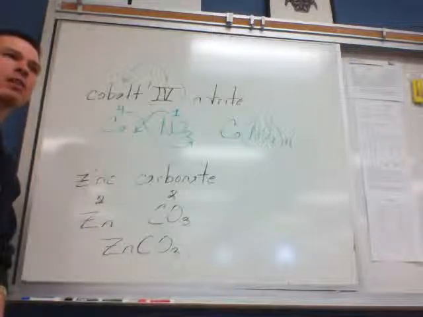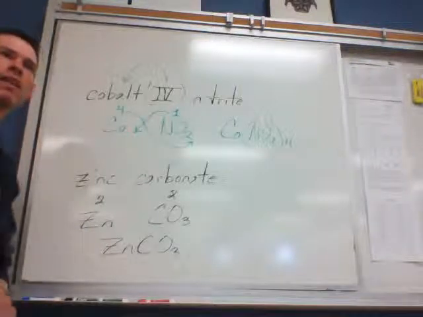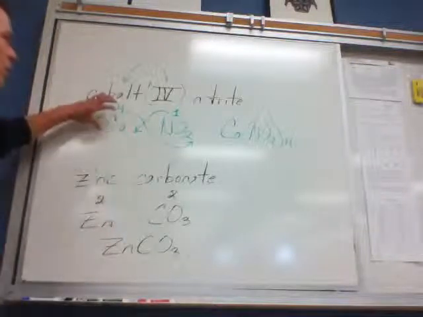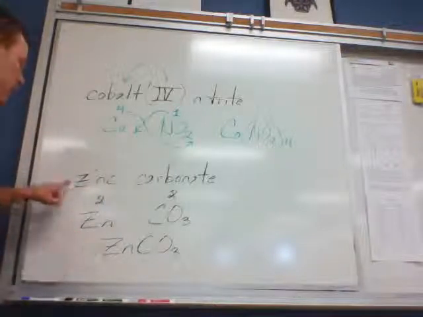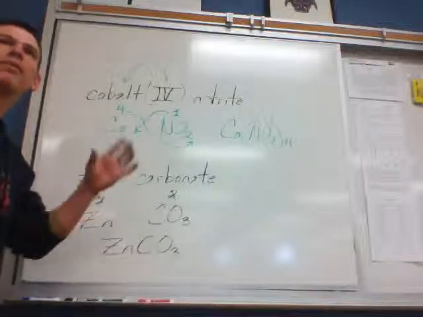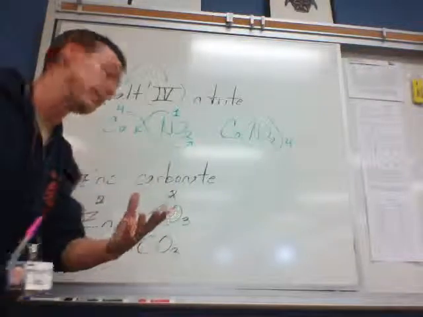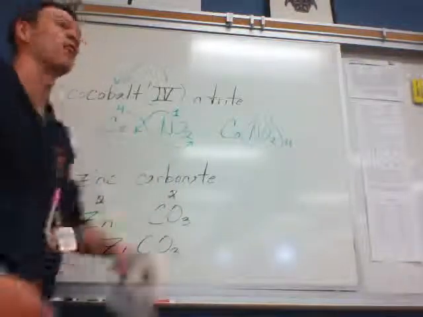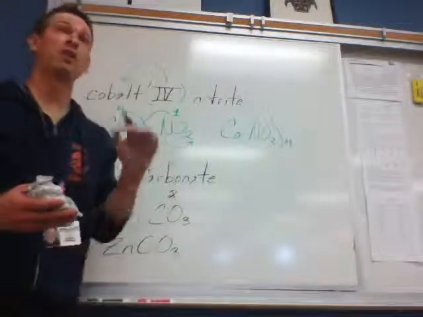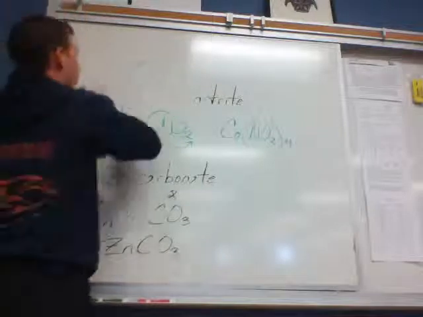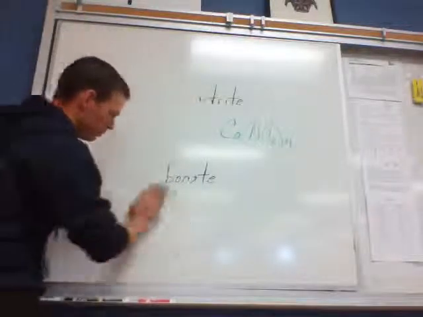But this is only half of what you're expected to do, because you've got to be able to go the other direction. Meaning, if I give you this, you need to be able to write the words. Now, that's the bad news. The good news is that it is much easier to write the names than it is to write the formulas. So much that I'm going to show you how to do it right now.